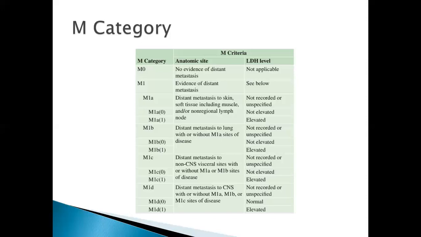All right, so if there are multiple, just find that one site that has the highest M category, and then use that subcategory and then determine your subcategory with the LDH information.